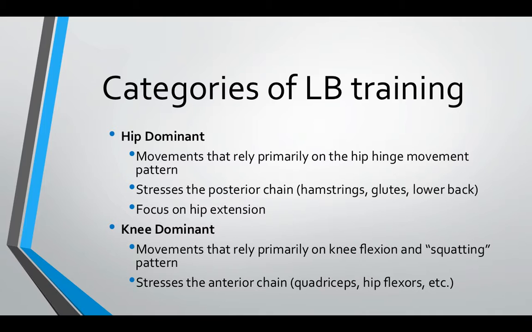So especially in the squat, knees going to 90 degrees, getting that butt down parallel to the ground. This stresses a little bit more of the anterior chain, the quadriceps, and hip flexors. So, hip dominant exercises stress the posterior chain, knee dominant stress the anterior chain. It's probably a good fact to know. Hint, hint.